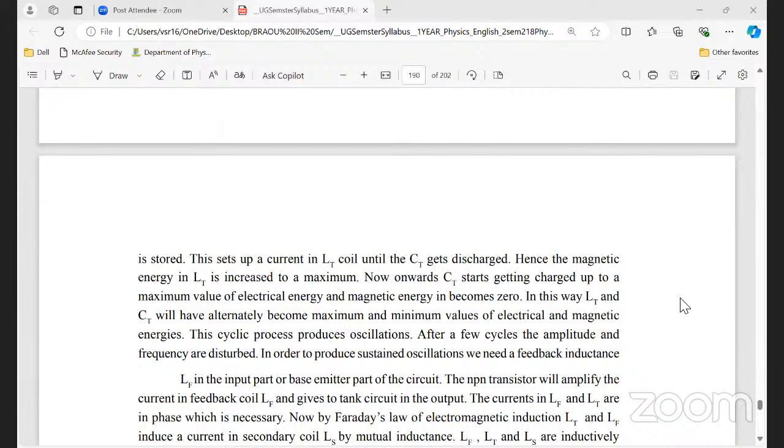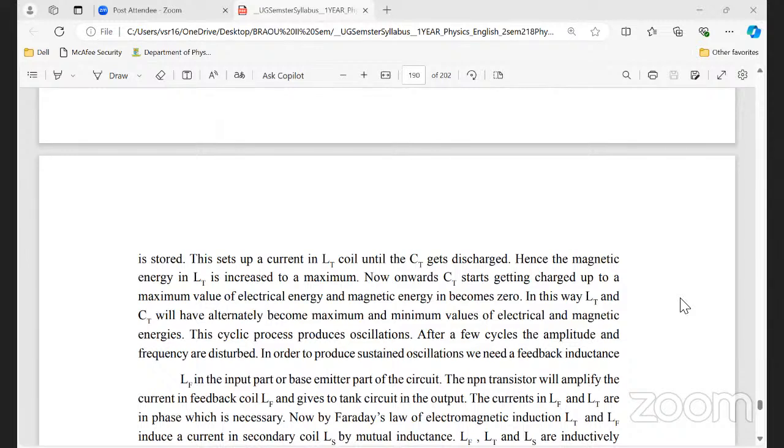So that magnetic energy, that means a current-carrying conductor may produce a magnetic field. Like that here, in the coil the current is set up, and automatically magnetic energy builds up in the coil to a certain maximum value.